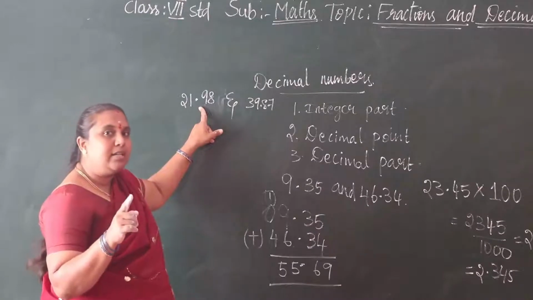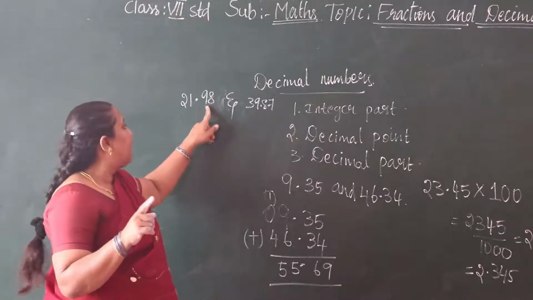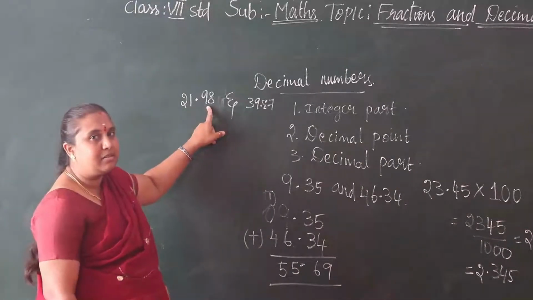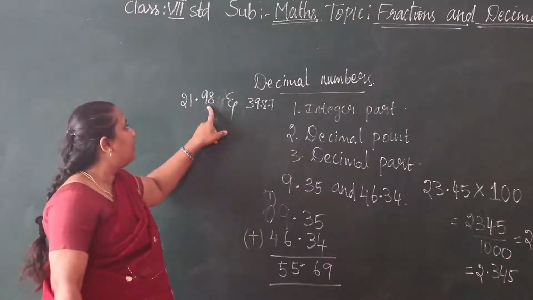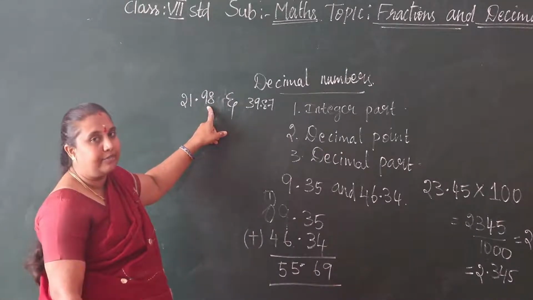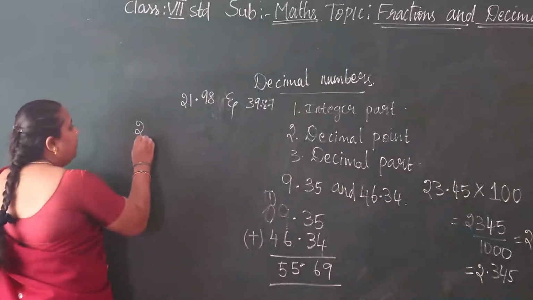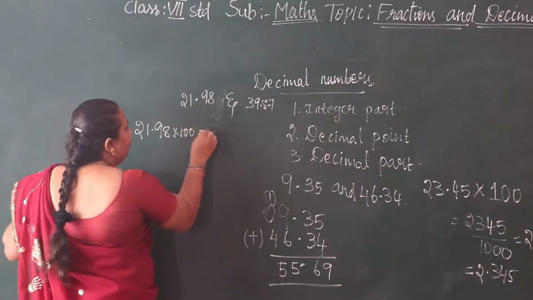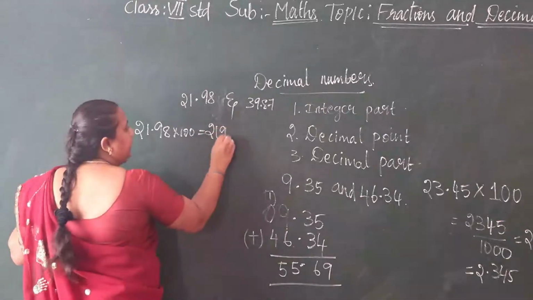How many zeros do we write there? As many as the number of decimal places in the given number. How many decimal places are here? 2. So we multiply by 1 followed by 2 zeros, that is 100. So 21.98 into 100 equals 2198.